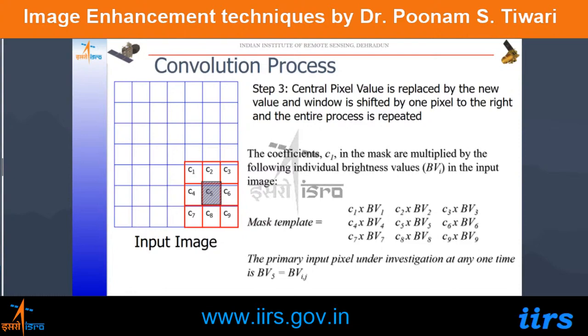When I calculate the brightness value, it comes out to be 186. That would replace the central pixel value. So you can see how the image appeared before filtering, and how the image would appear after filtering.